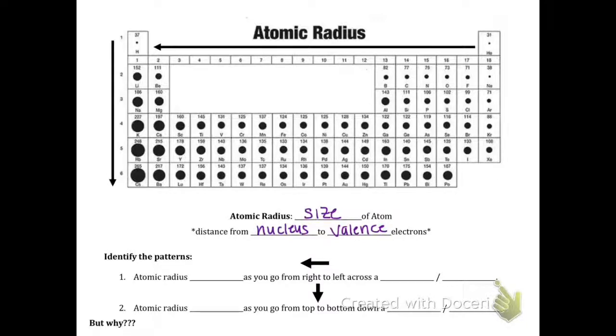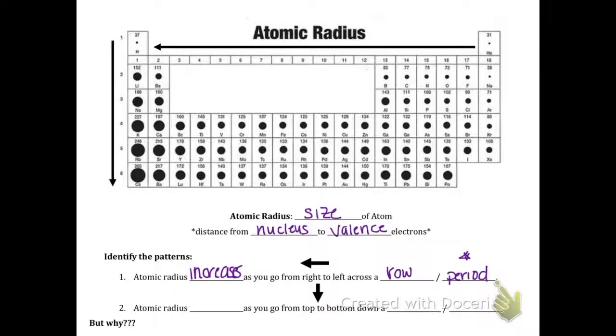The atomic radius increases as you go from right to left across a row. Now remember, we don't use row. The vocabulary word you want to use is period.